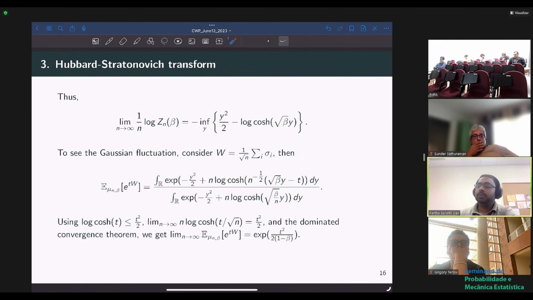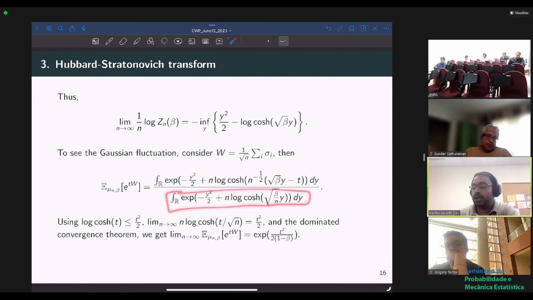So that's another way. And one can actually easily also prove a Gaussian fluctuation. In this case, for beta less than 1, if we look at W, which is the scaled magnetization, this is 1 over root n. And if one tries to compute the expectation of e to the power tW, so both the numerator and denominator, because now remember, the denominator is coming because of the partition function, and the numerator is coming because of this extra part.